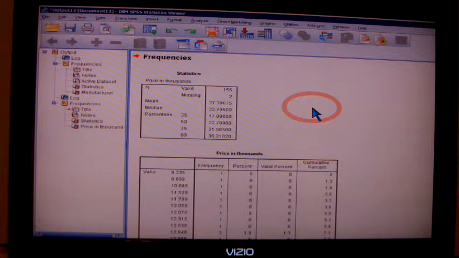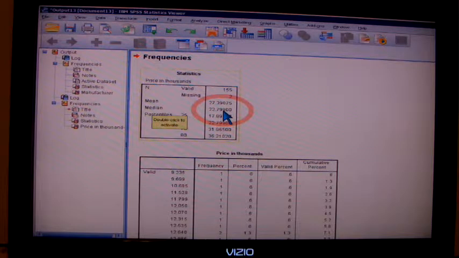Okay, look at that. We're going to go over to page number 22, the upper right portion of the page. Notice how to read this. We have 155 participants, 2 missing. We have the mean, 27.39075. The missing ones, maybe they didn't answer, you know, their information on it. The median amount is 22.79900.